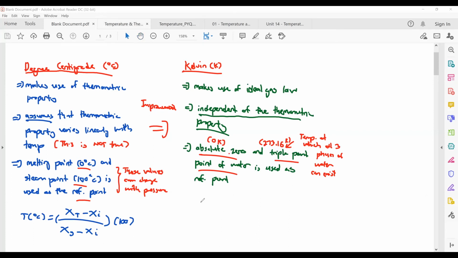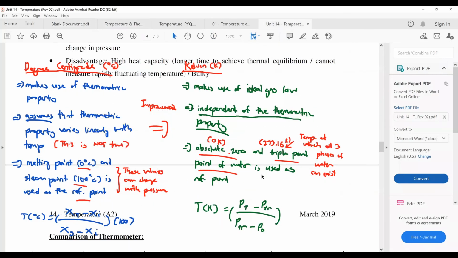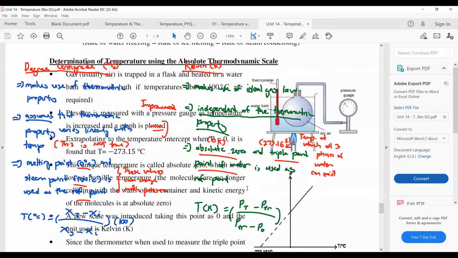Okay. Now, if you wanted to measure something in temperature scale, there's a certain equation that you will use. The temperature in Kelvin, it's just a modification of this. Let me just show you the equation first.